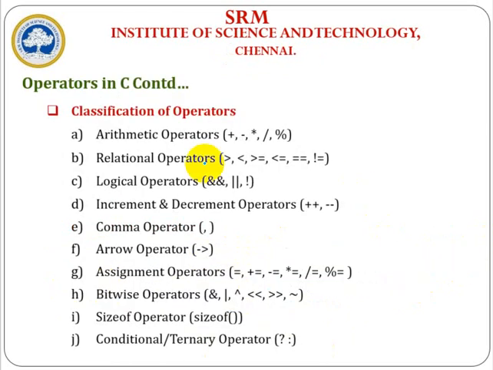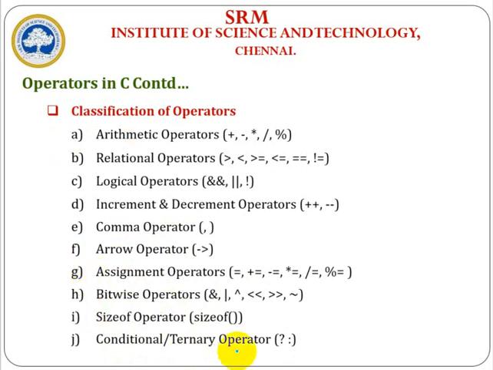So the operators are classified into 10 categories: the arithmetic operators, relational operators, logical operators, increment and decrement operator, comma operator, arrow, assignment operators, bitwise operator, sizeof operator, and conditional, or we can also call it the ternary operator.